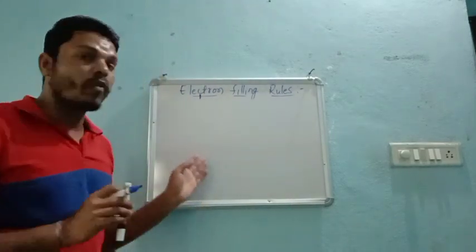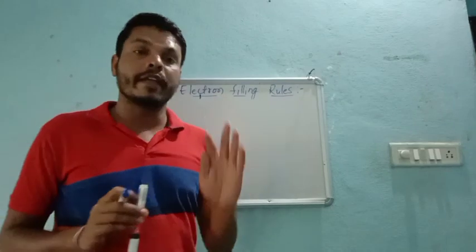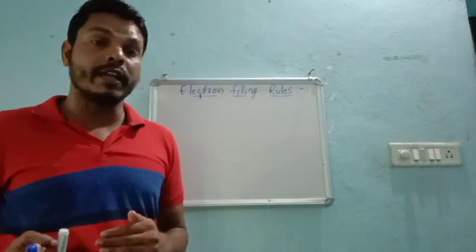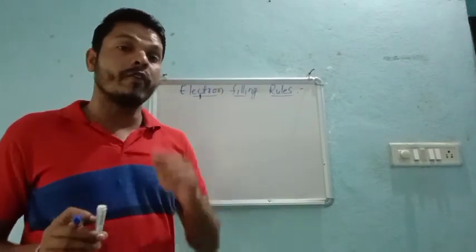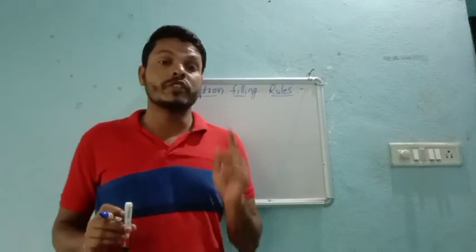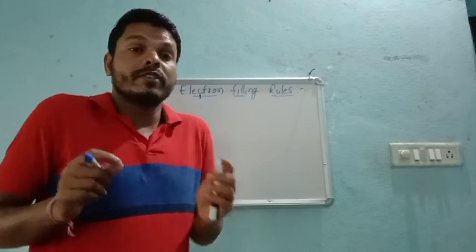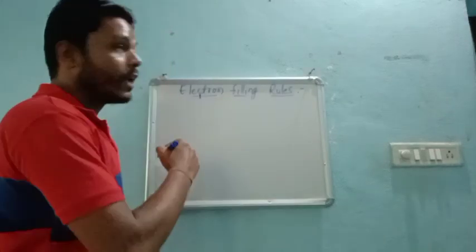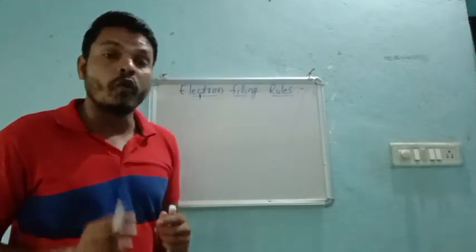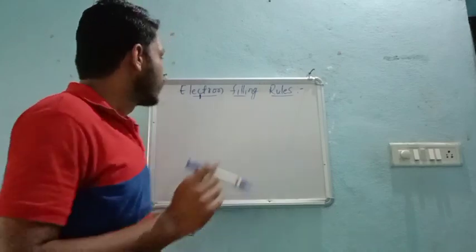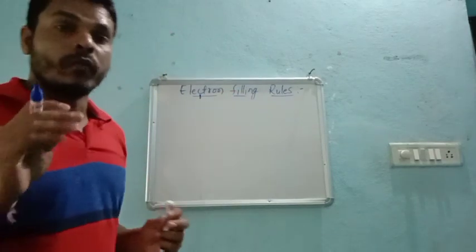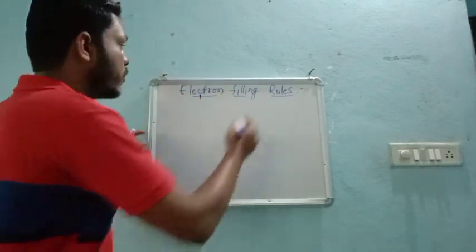And the third point we saw is that an electron neither gains nor loses energy when it revolves in its same shell or subshell. When it increases or decreases its energy, that means we applied some external force on it, right? So after knowing these things, we go directly into the rules.